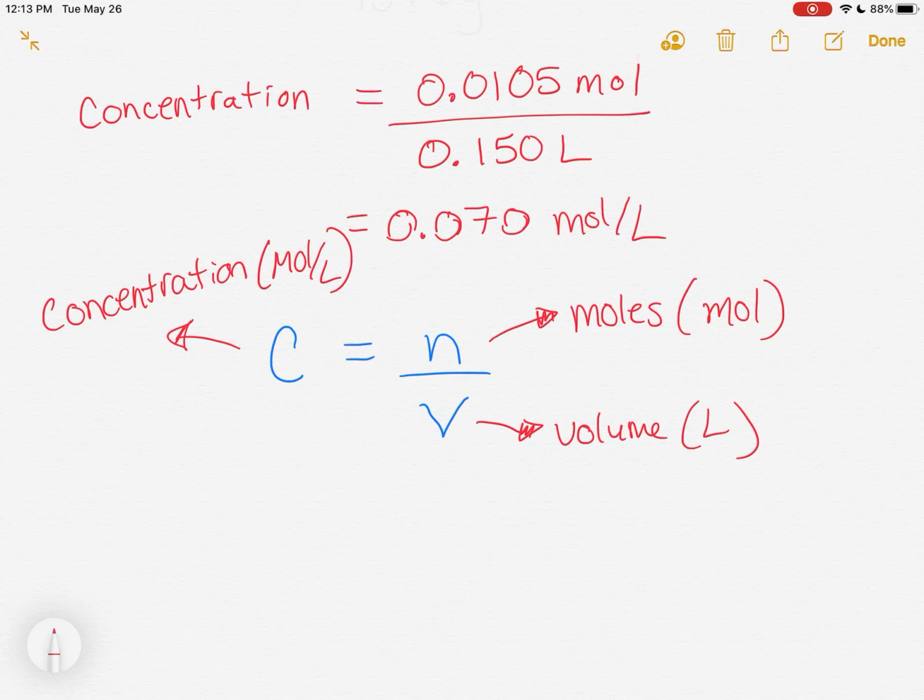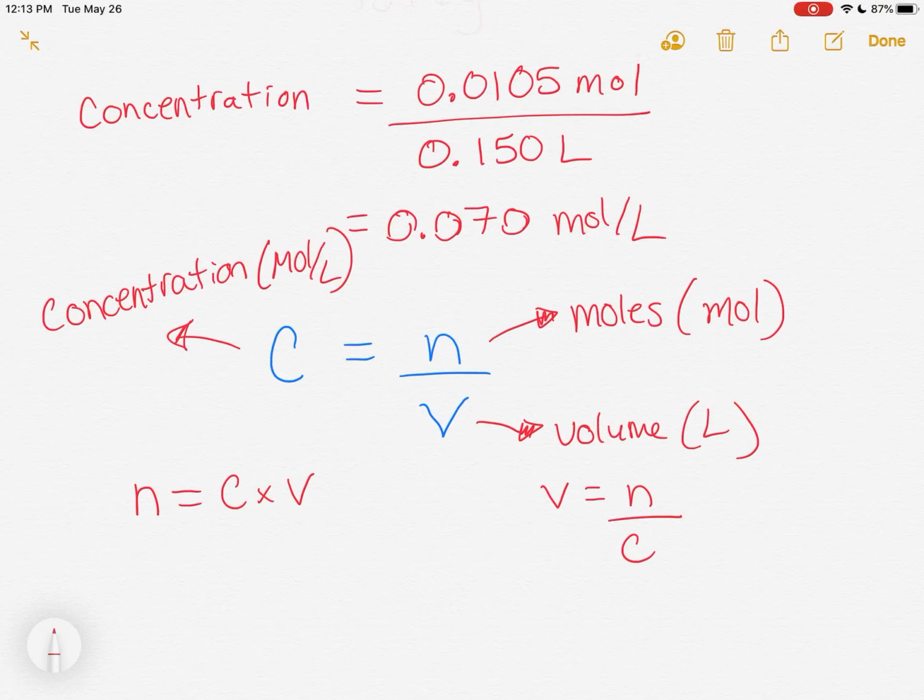Okay, so if we're trying to find moles, moles will actually be concentration times volume. Or if we're trying to find volume, volume will actually be moles divided by concentration. And so that same formula can be rearranged in multiple ways depending on what we have and what we're trying to find.